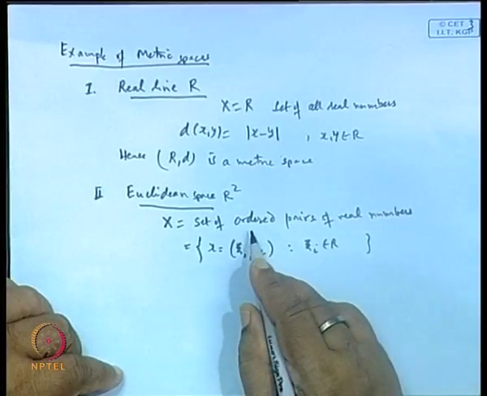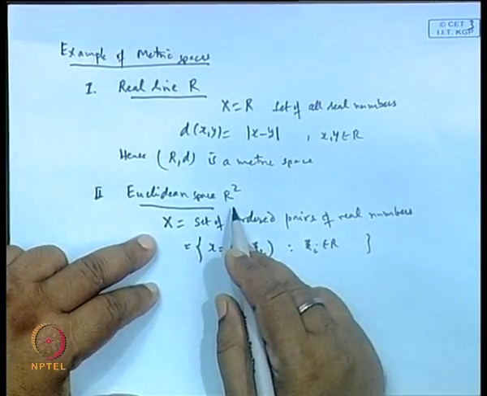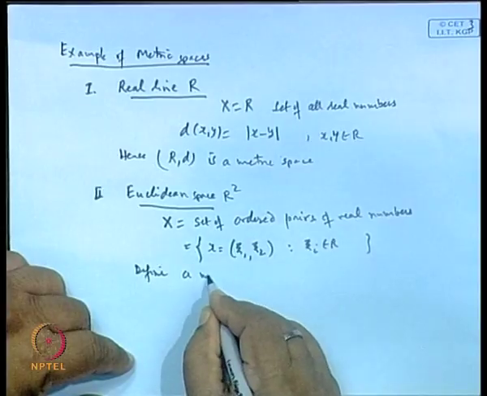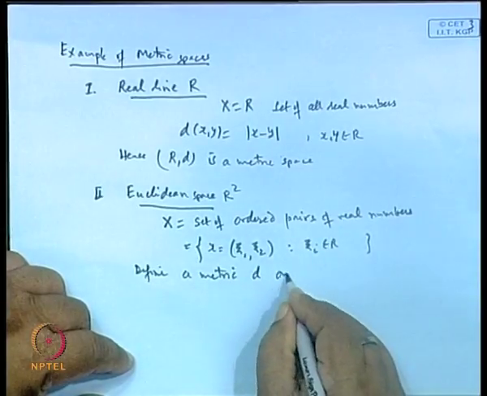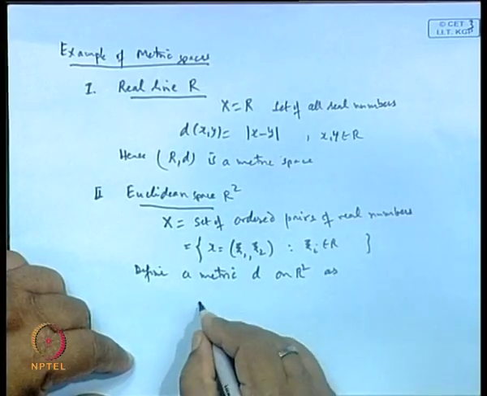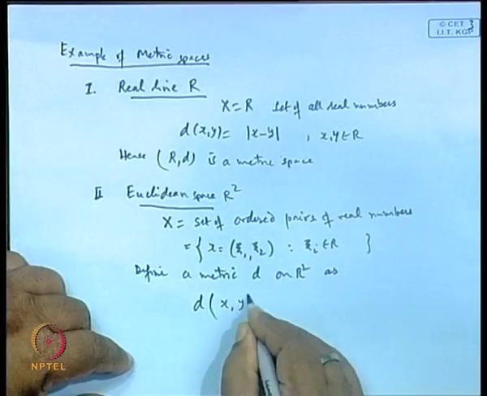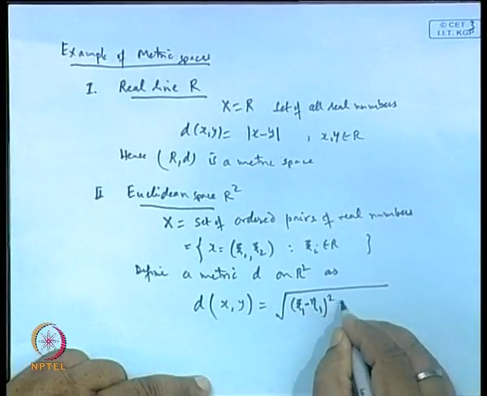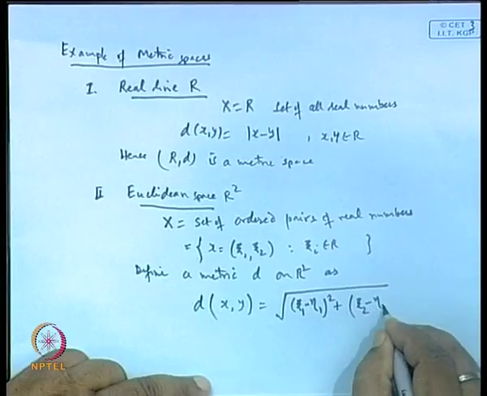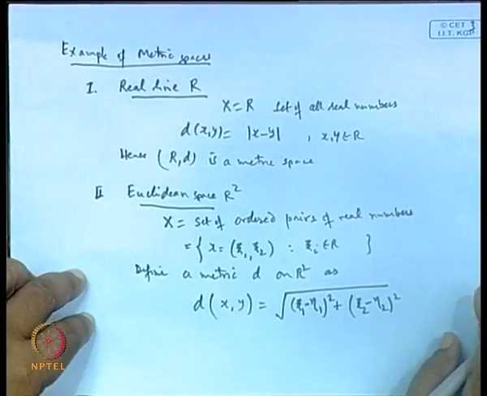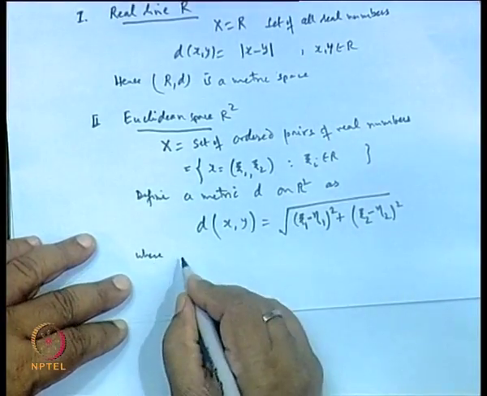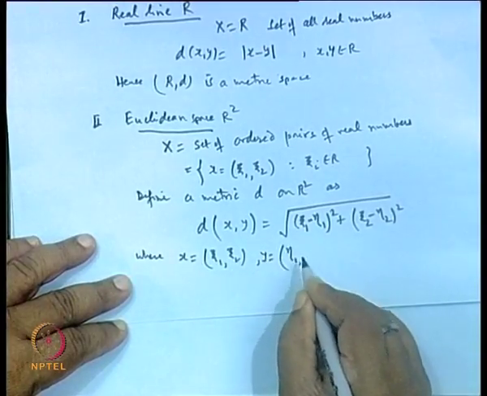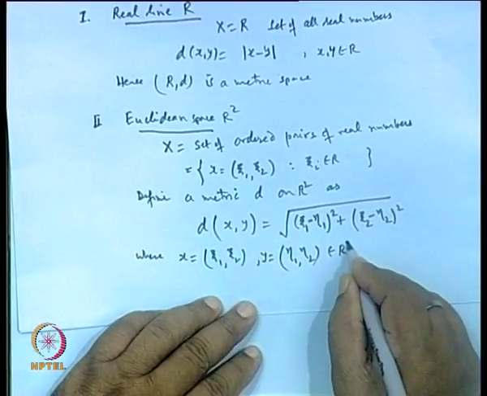then this set of pairs which is in the R^2 space, if we introduce the notion of the distance in R^2 as d(x, y) is the square root of (xi1 minus eta1) whole square plus (xi2 minus eta2) whole square, where x is (xi1, xi2), y is (eta1, eta2), both are points in R^2.